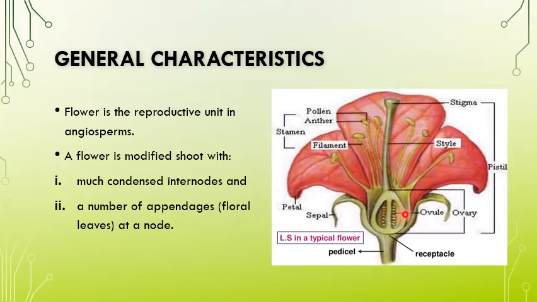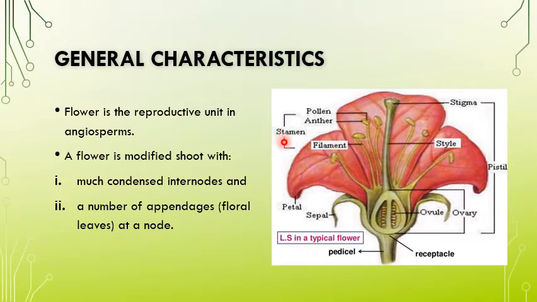Now we have the sepals or calyx, and corolla, the petals. These two are considered the non-essential whorls of the flower, whereas the stamen and the pistil, known as the androecium, the male reproductive part, and the gynoecium, the female reproductive part, are known as the essential parts of the flower.